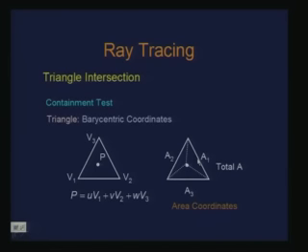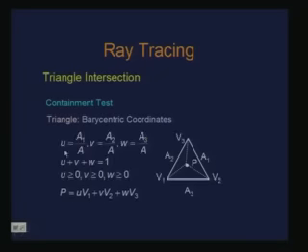So, we define these u, v, w as nothing but the area coordinates, which means now u is nothing but A1 divided by A, v is A2 divided by A, and w is A3 divided by A. We also observe that u plus v plus w equals 1, and all these coordinates are greater than or equal to 0. So, they are convex combinations.